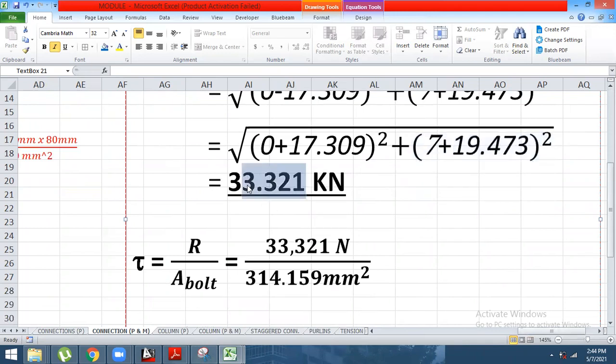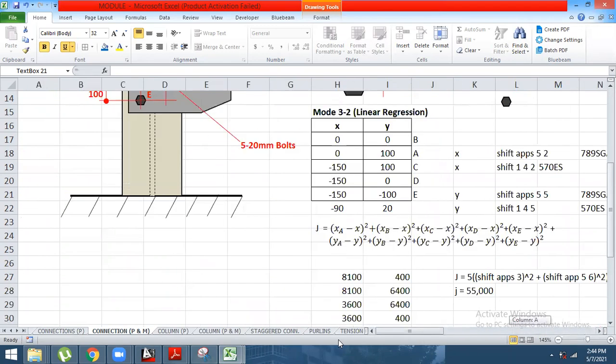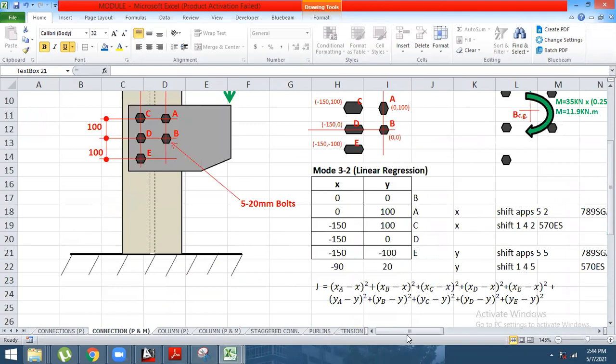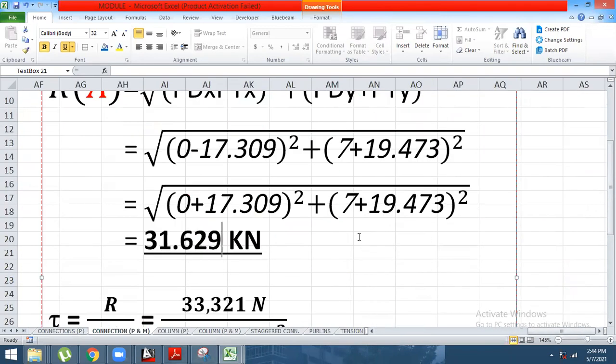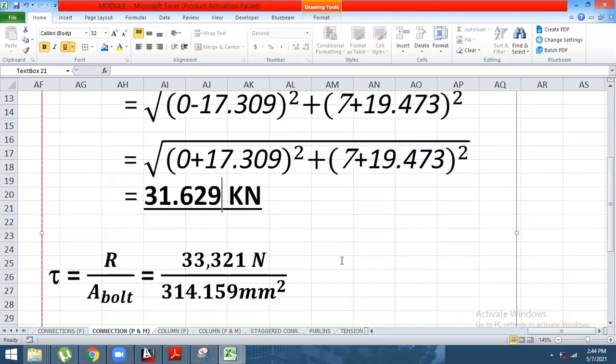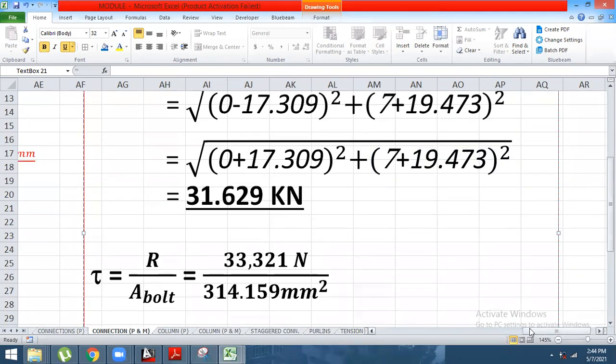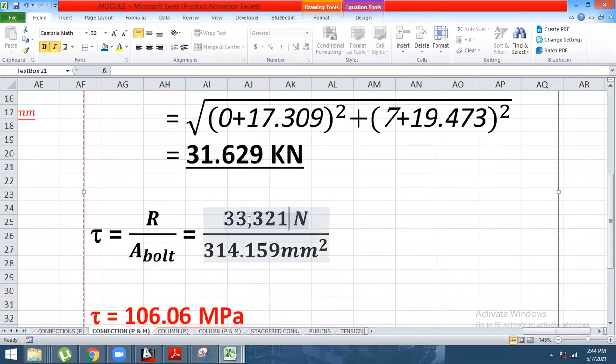It should be 31.629 kilonewton. Then we divide it by the area of one bolt.